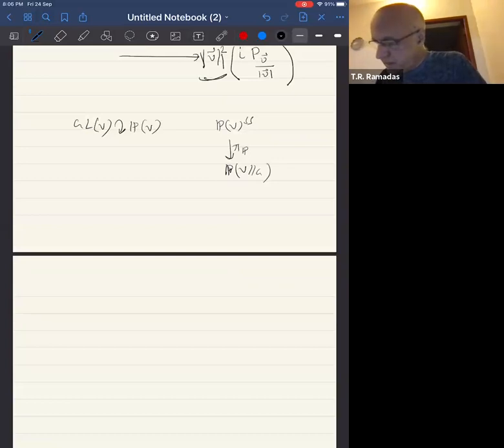Again, K, which is a subgroup of GL(V), will act on PV. But now PV is not a vector space, so there's no getting around it, I need to have a symplectic structure on it.